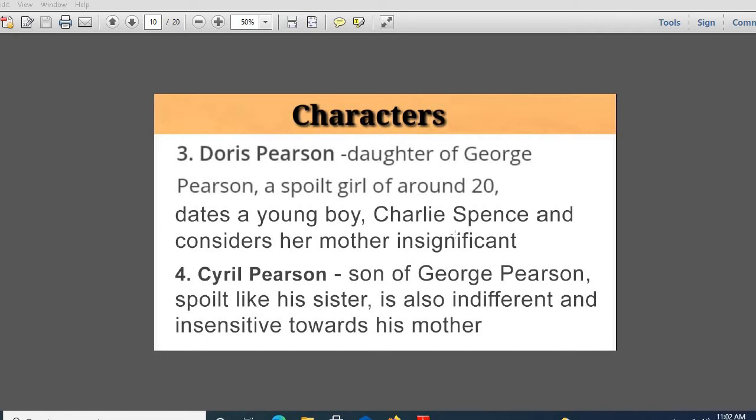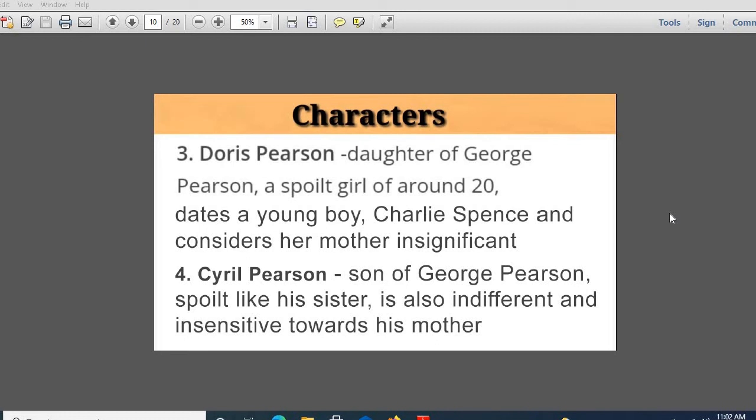Doris, the daughter of George Pearson, is a spoiled girl, 20 years old, who dates a young boy by the name of Charles Pensy and considers her mother to be totally insignificant. Cyril, as you know, is the son of George Pearson, spoiled like his sister.